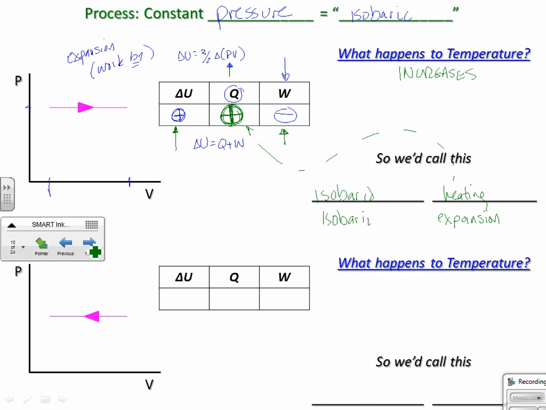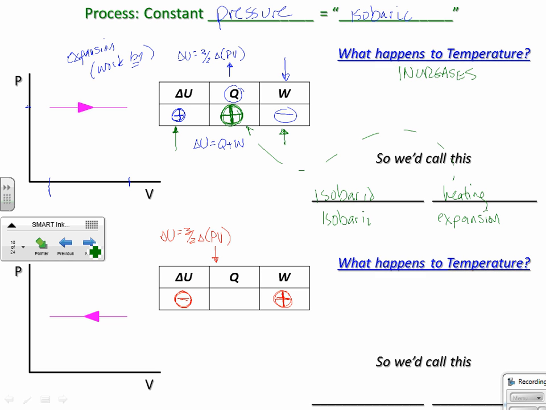Yes? Yes. Here, perhaps no surprise, work is done on the system. It's compressed. Delta U, 3/2 times change in quantity PV. Well, the change in quantity PV is negative, or it gets smaller. So that's negative. And so that means, well, let's see.